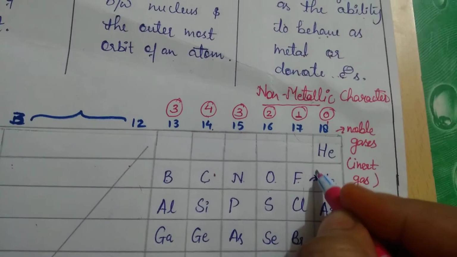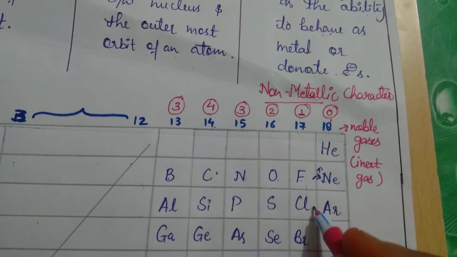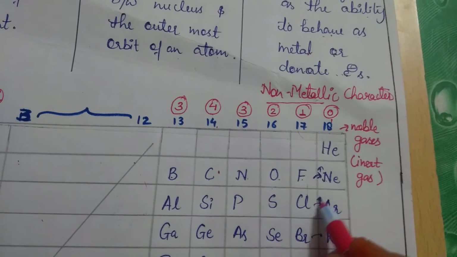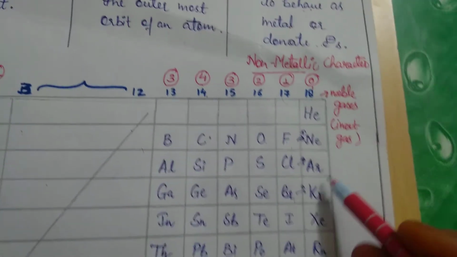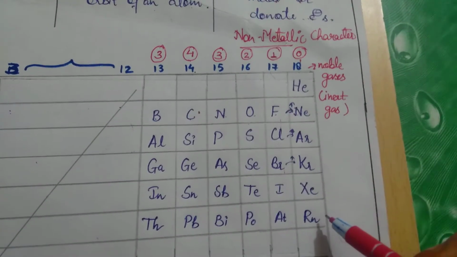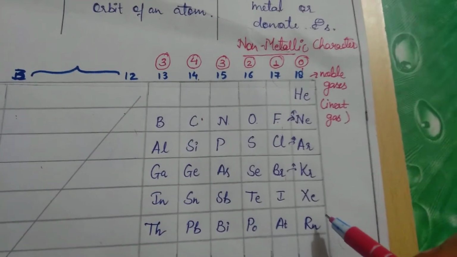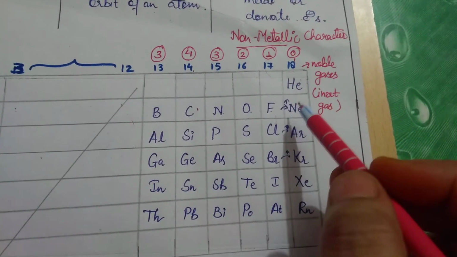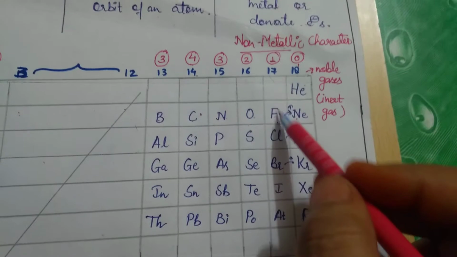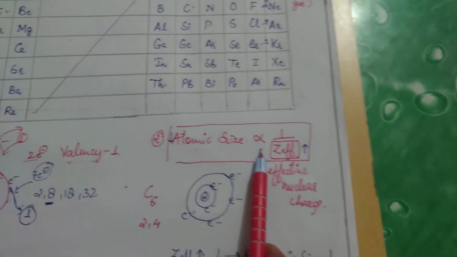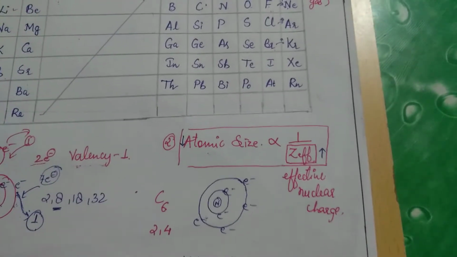Likewise, after chlorine to argon, and after bromine to krypton, the size will slightly increase because these are noble gases. Their octet, or outermost orbits, are completely filled, so they attain stability. That is why the size of group 18 elements is slightly bigger compared to group 17 elements. So I hope this atomic size concept is clear to you all.